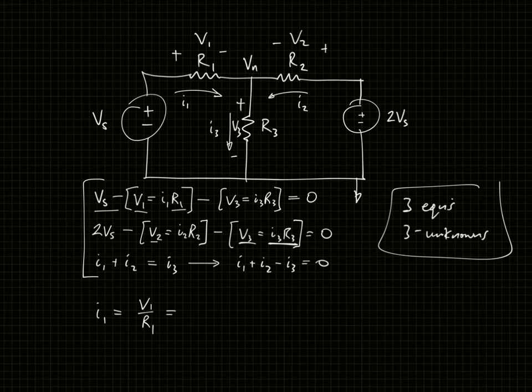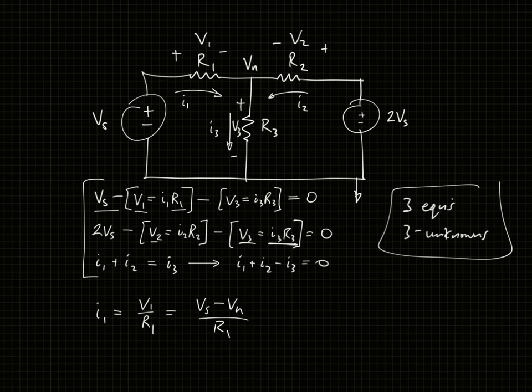If you just look at this, V1 is the voltage here minus the voltage here. So we have Vs minus Vn over R1. So this gives you enough to find when I1 is positive or negative. Depends on the size of Vn with respect to Vs.